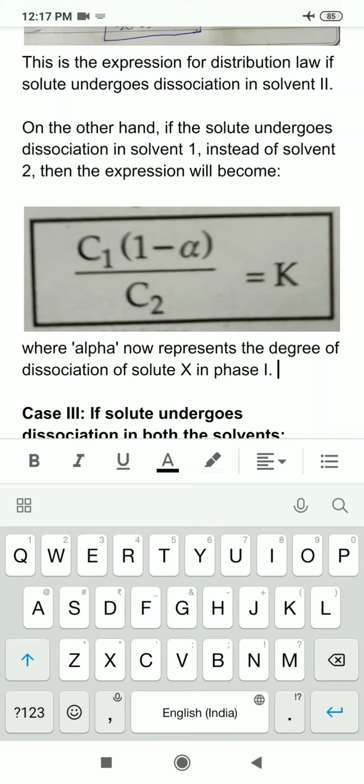So I think now it is clear to you how the distribution law equation gets modified. You have to just introduce the term alpha in the concentration term in which the solute is undergoing dissociation. If it is undergoing dissociation in solvent 1, then you will insert alpha in the form of 1 minus alpha, and if it is undergoing dissociation in solvent 2, then you will insert it in the C2 term, that is C2 into 1 minus alpha.